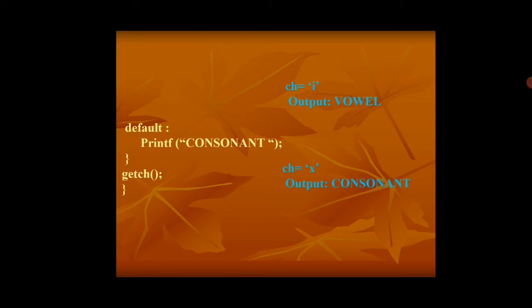Close the program. Now I would like to give you two outputs, that is ch is equal to I. If the end user entered I, the compiler just prints vowel. If we entered X, the compiler just prints consonant.